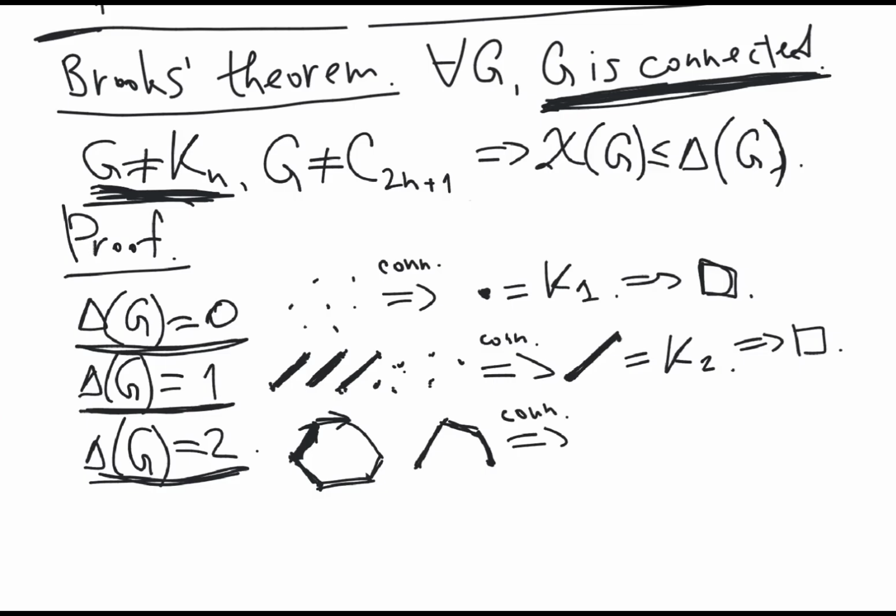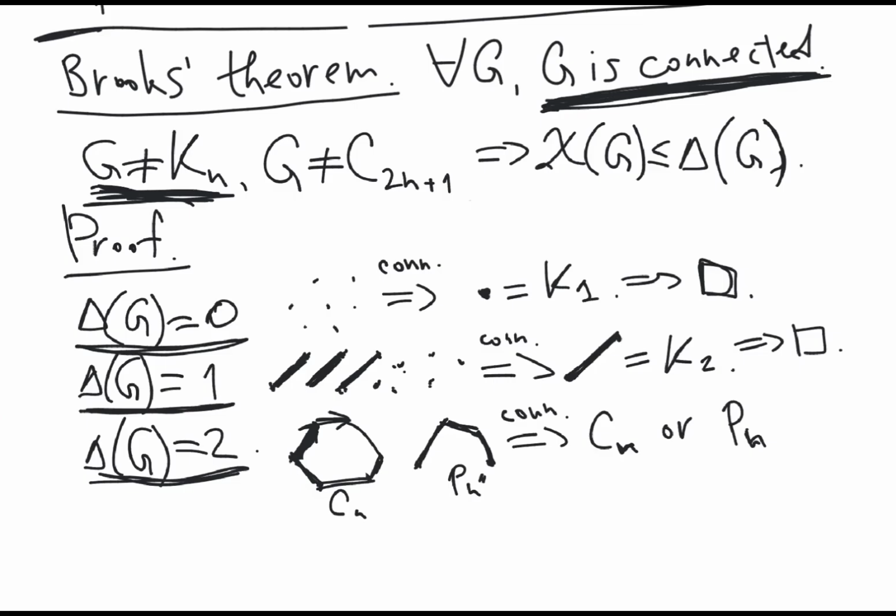So we have either a cycle on n vertices or a path. I'm not sure how a path is denoted, but let's denote it as Pn. So this is Cn, this is Pn. And n might be different for different connected components, so let's write n prime here.